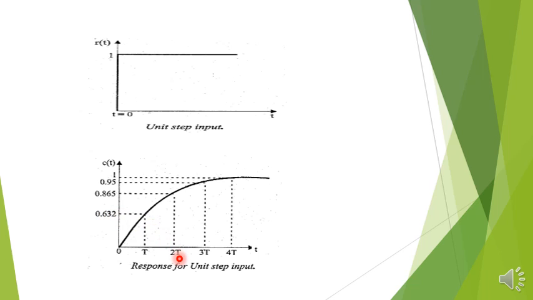When t equals 2T, it is 0.865. If we join these points, we will get a waveform of the response something like this, exponentially increasing. So this is the general form of the response of the first order system.